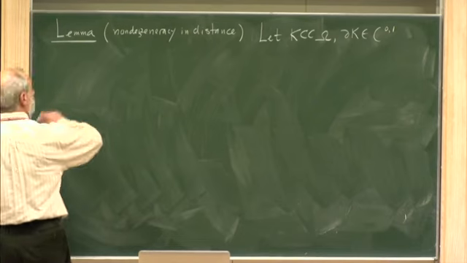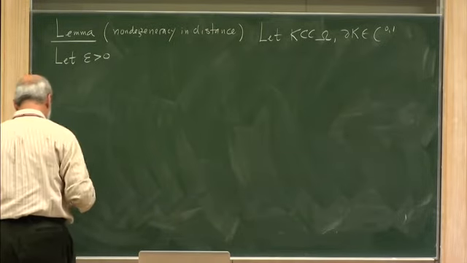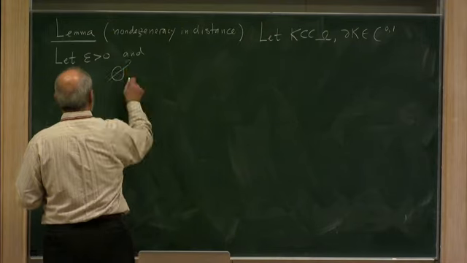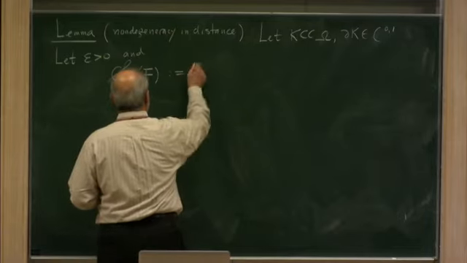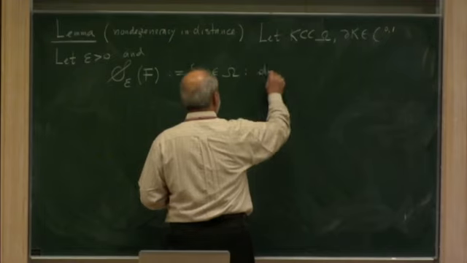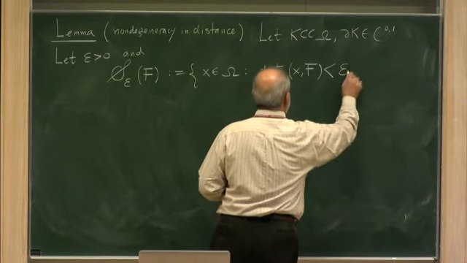So now let me give an epsilon positive, and let me define a strip. I call it S epsilon. This is a set of points in omega such that the distance to the free boundary is bounded by epsilon.